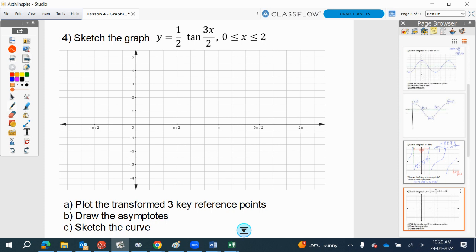Okay, now I have to do this thing. So the 3 pi over 2, sorry, 3 over 2. This is the distance between the two asymptotes. What's pi over 2?